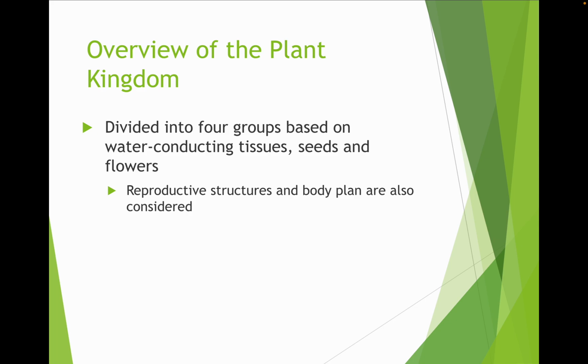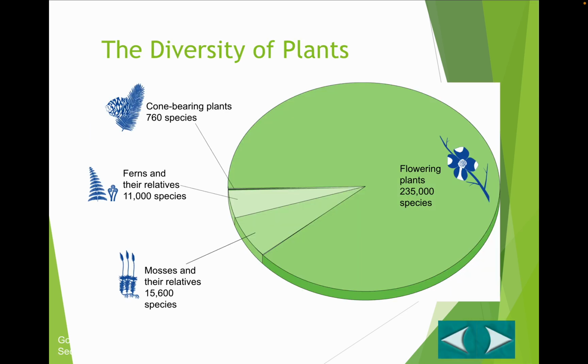Okay, the reproductive structures and body plans are also considered. We compare the DNA sequences of various features now that we have that ability. So we have flowering plants, we have mosses, and we have ferns, and we have, look at that, cone-bearing plants. So I'd say flowering plants are the most dominant of the plants.